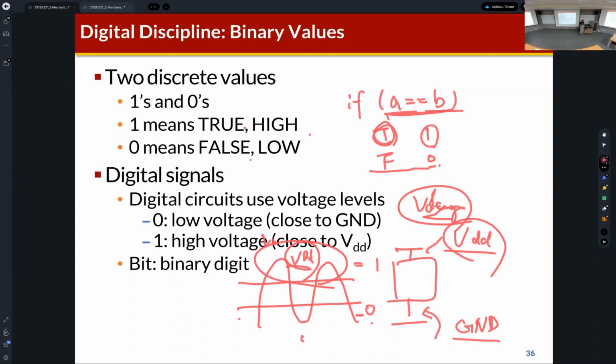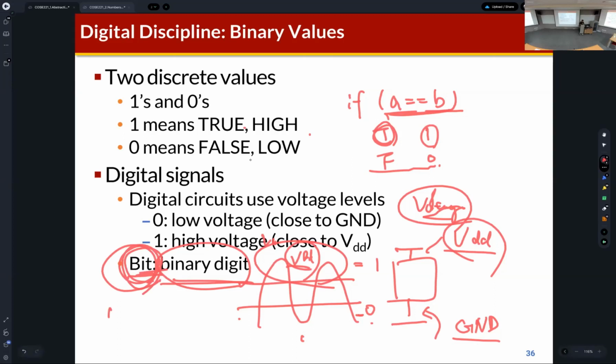And then we call it a binary digit. We will learn about the number system in today's class. Digital systems use the binary number system, and each digit of the binary number system is called a bit.